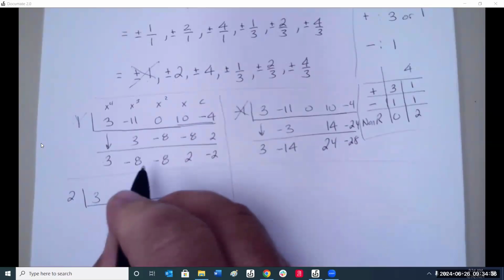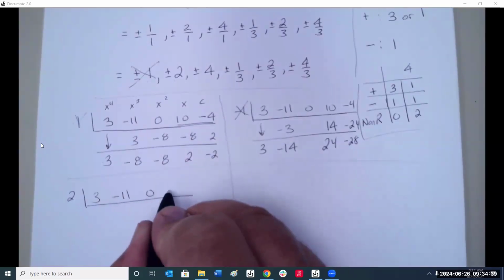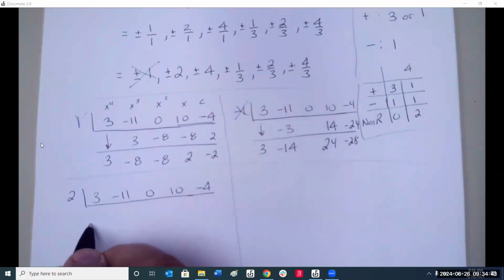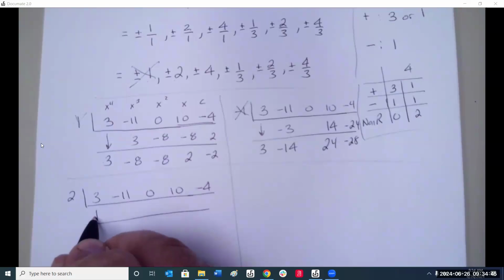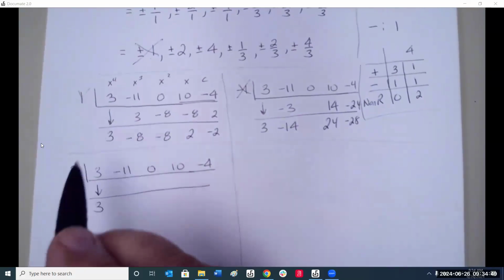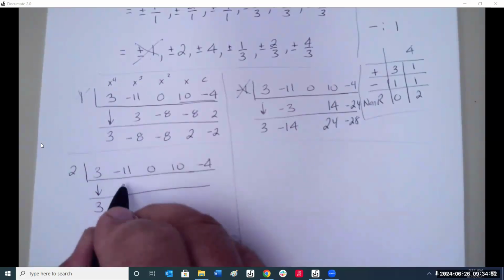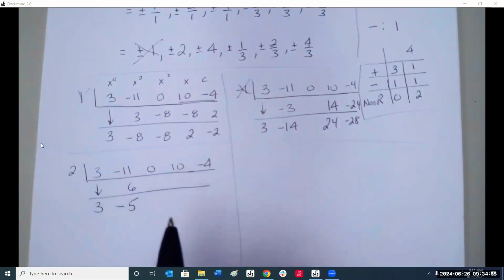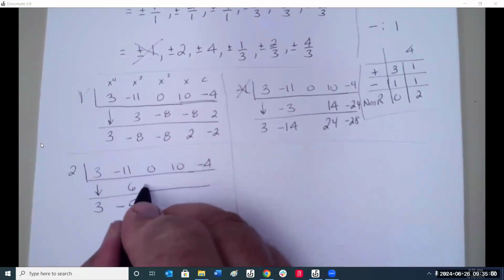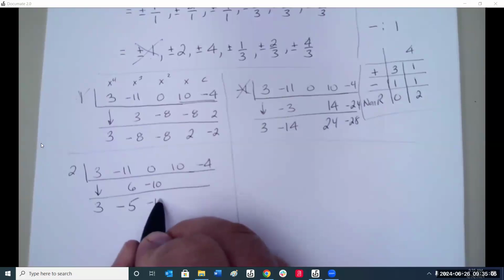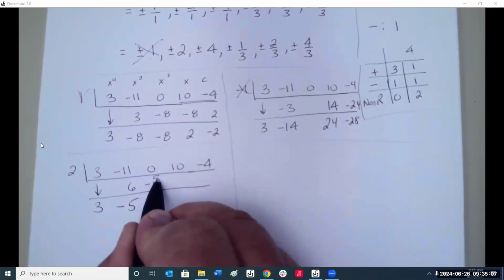3, -11, 0, and -4. Two times 3 is 6. It's going to be negative. 11 minus 6 is 5. 2 times -5 is -10. -5, I'm sorry.